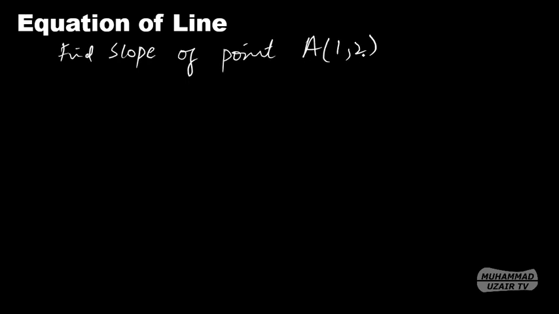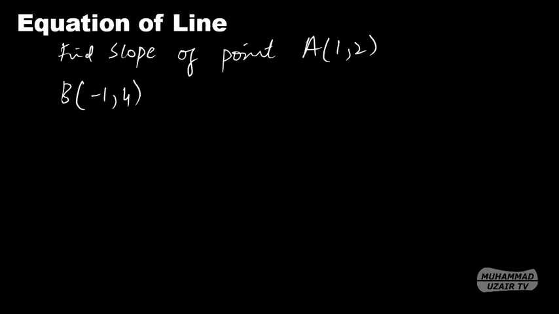So let's suppose we have 2 points. Find slope of points. Let's suppose a is equal to (1, 2), and second point b is (-1, 4).